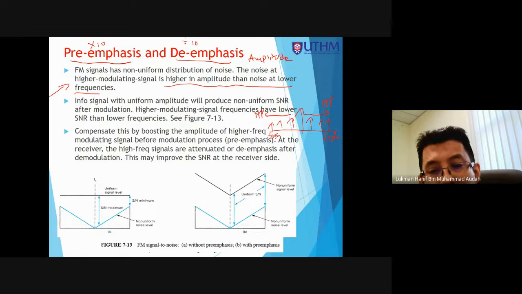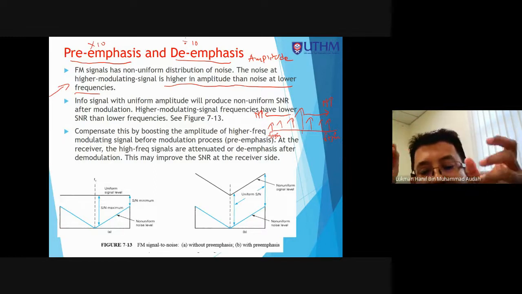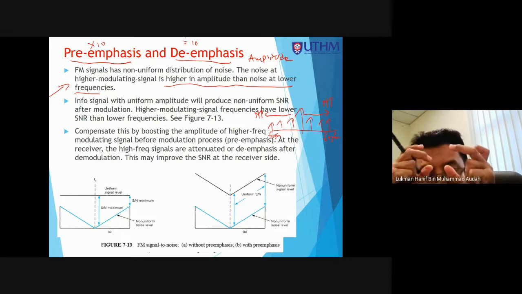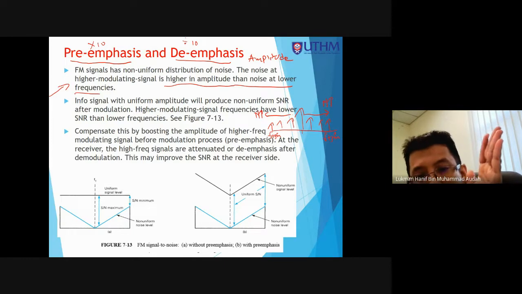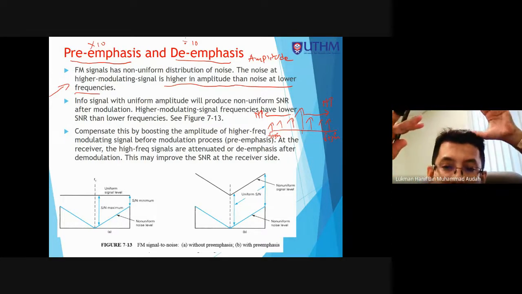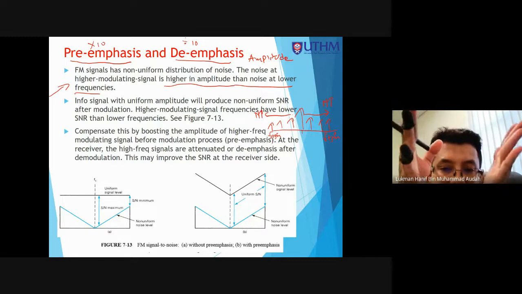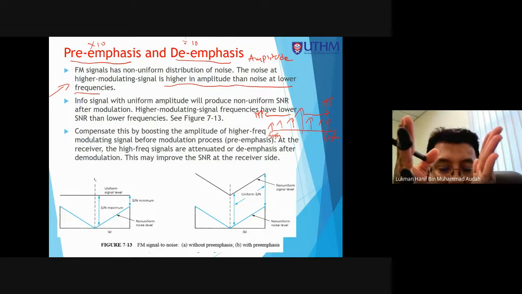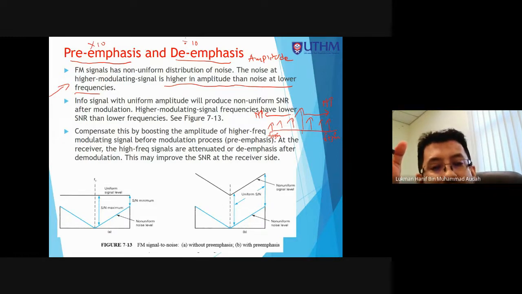Maknanya semakin jauh daripada center ataupun semakin besar nilai FM, dalam kes ini adalah FC plus N FM. Lagi jauh maknanya dia punya noise tu semakin besar. Noise besar dalam kes ini adalah noise voltage, noise level lagi tinggi. So kalau nilai FM itu kecil, nilai noise adalah rendah. Okay. So perkara ini akan mengganggu SNR.